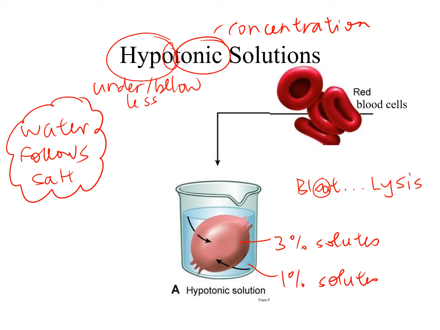So there are two reasons that water will enter this cell when it's placed into a hypotonic solution. One is simply because water follows salt, and second, it's because we are trying to reach equilibrium. That cell is trying to become as dilute as its surrounding solution, a 1% solution.